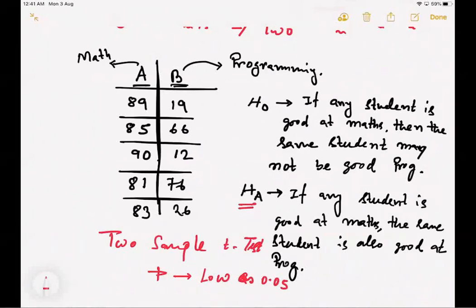That means if the student is good at maths, the same student is also good at programming. Now let us try to understand how this is supposed to work out. Let us see the practical example in R.